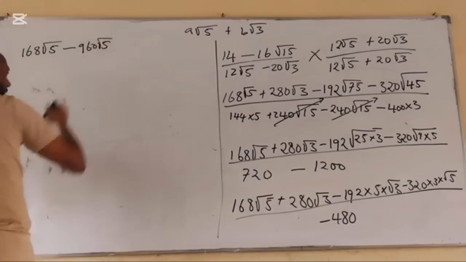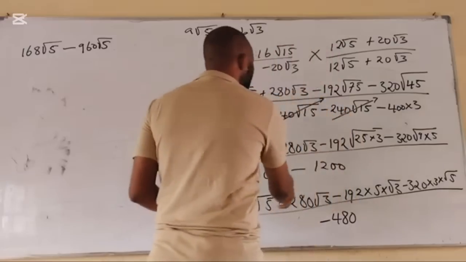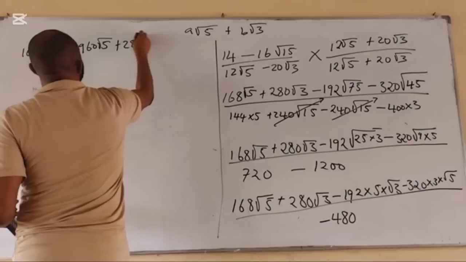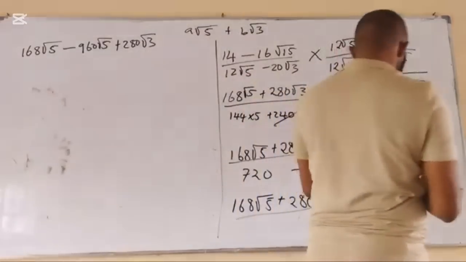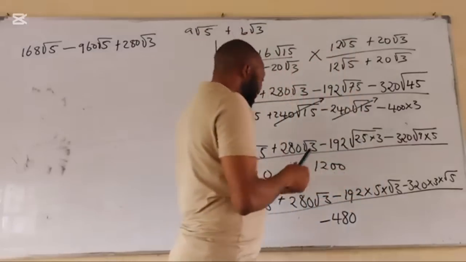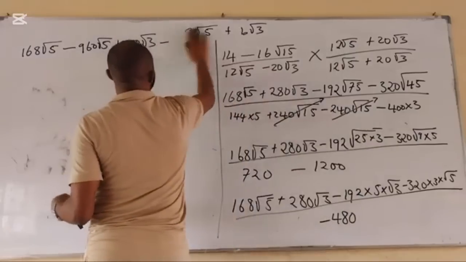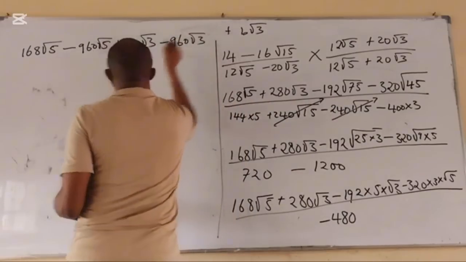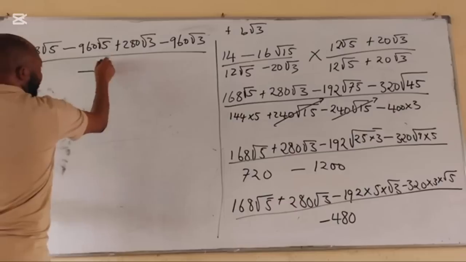I'm trying to compress it because this side is shorter. Now this is plus 280 root 3. 192 times 5 is 960. So minus 960 root 3, all over minus 480.